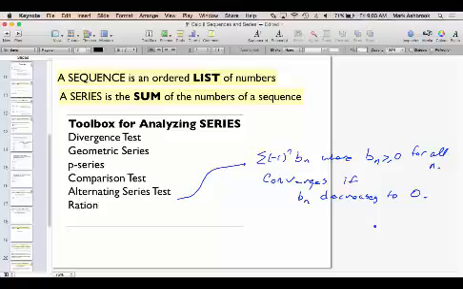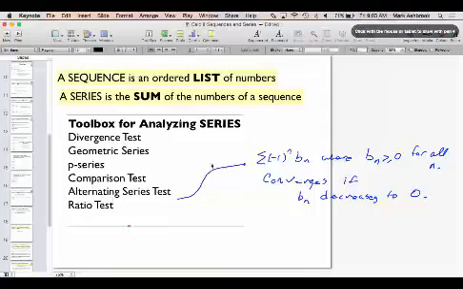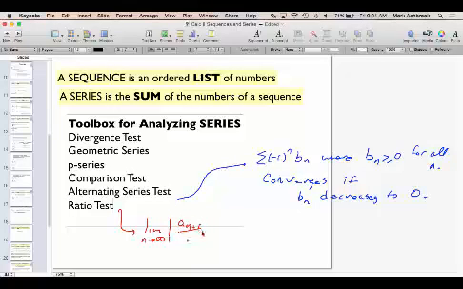Okay, then the next one we had was the ratio test. The ratio test is where we looked at the limit of this ratio, and we're going to talk about what this is about. You worked on this limit of this sequence, right?